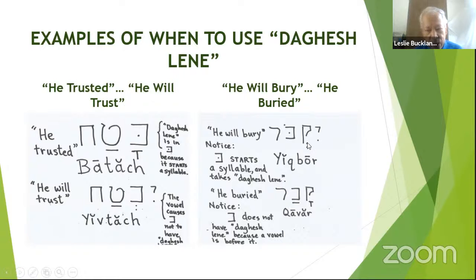If there was a vowel here, you wouldn't have simple shawa. Simple shawa is used only when a consonant does not have any vowel underneath it. So rather than leave a gap or a space, you put simple shawa there. So simple shawa itself is not a vowel. It may be like a vowel, but it's not a vowel.